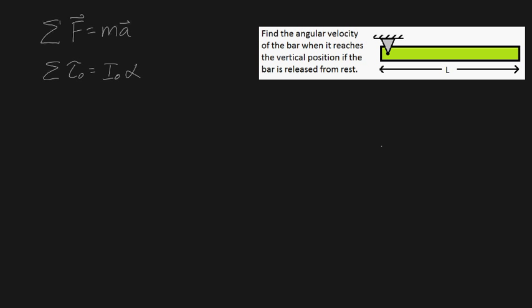Now in order to progress with this problem, we need to draw a free body diagram of what our object looks like sometime mid-flight. So let's do that. This is what our object looks like sometime mid-flight just here. In fact, let me get rid of these pin supports just here. So we've got a pin just here, and we know that there's going to be a force due to gravity just here downwards, always downwards, of mg, and we're also going to have reaction forces due to the pin.